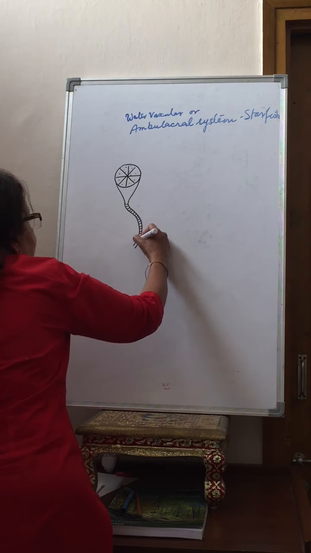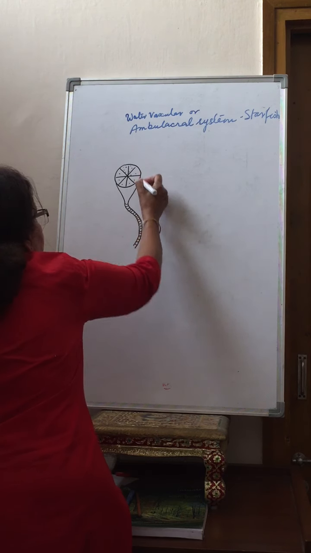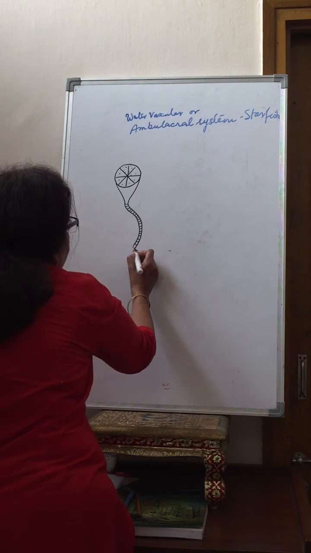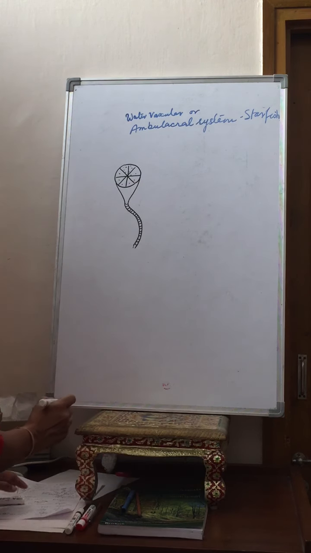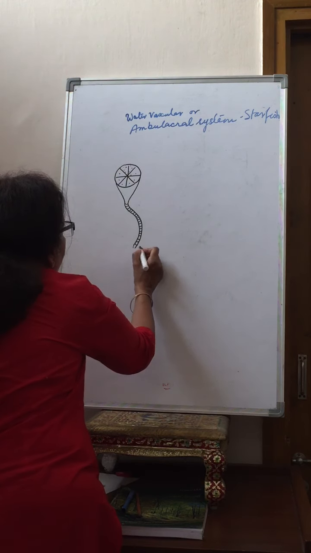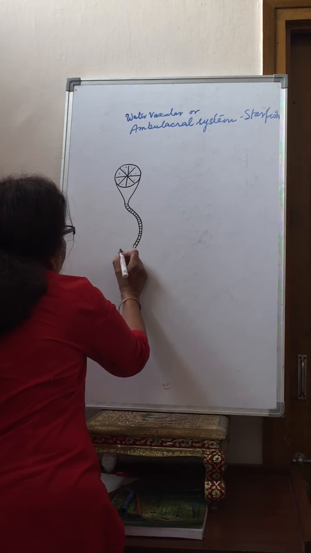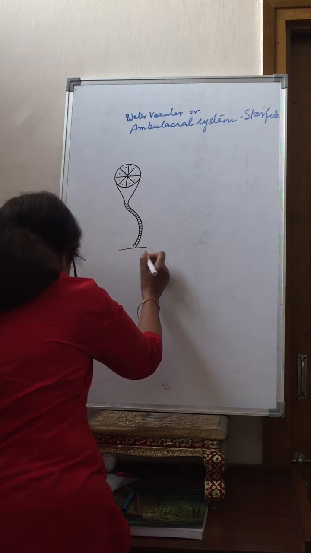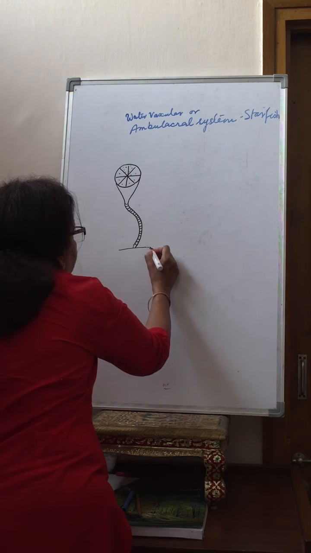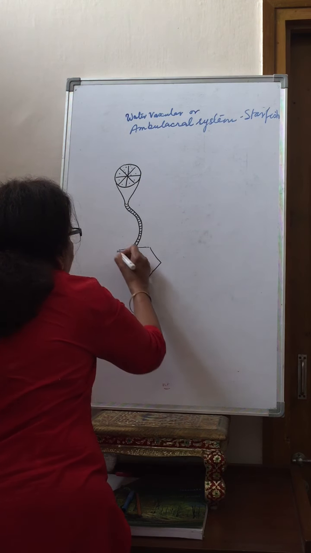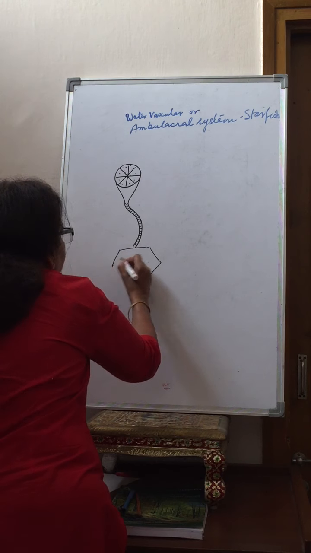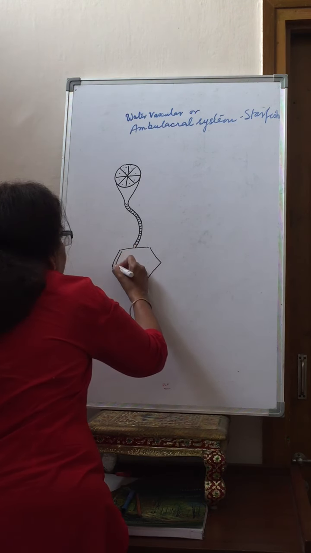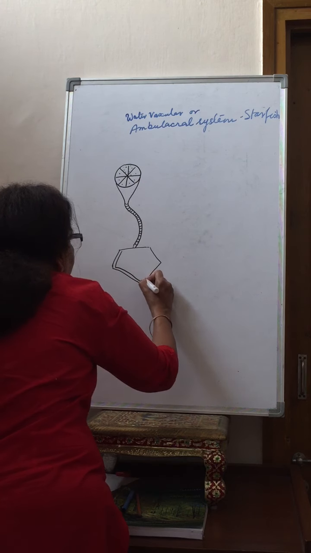It opens on the oral side around the mouth into the five-sided ring ambulacral vessel. This is the five-sided ring ambulacral vessel.